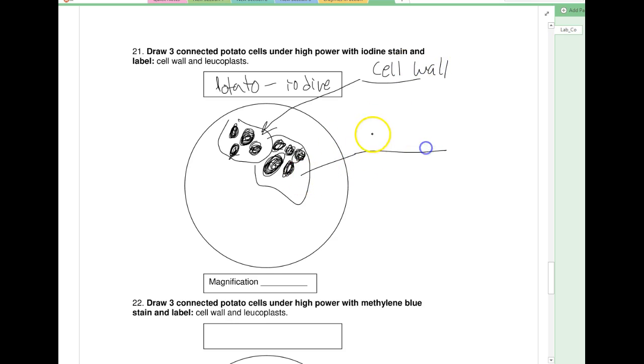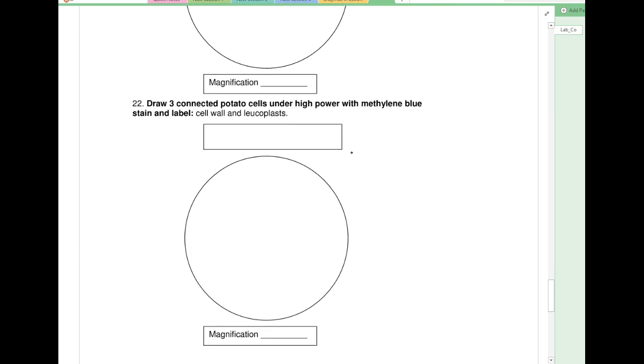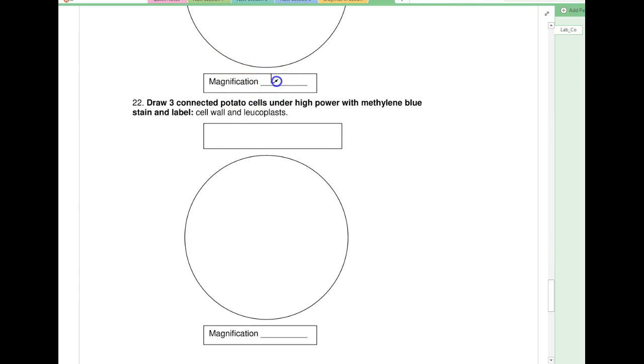Your cytoplasm was right there. And then your leucoplasts were those guys. That's probably at like 400.